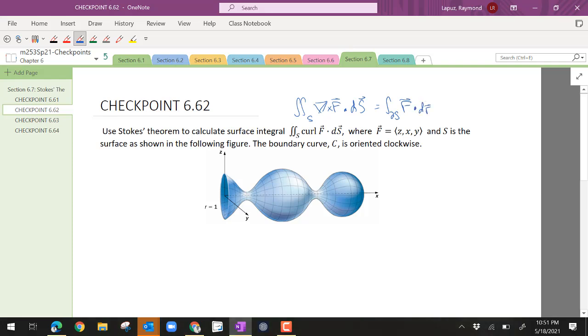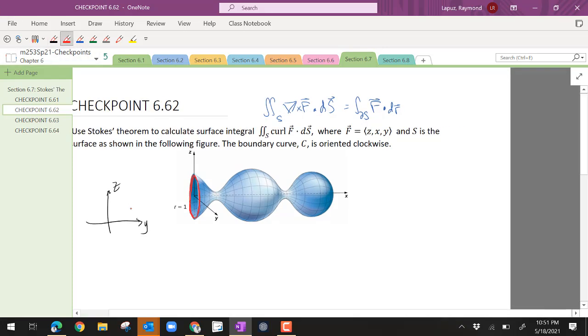All right, so that means we want to identify the boundary. This is not a closed surface, it's an open surface, and the boundary is right here in the opening on the YZ plane. So let's focus on that boundary in the YZ plane, and we have this circle.